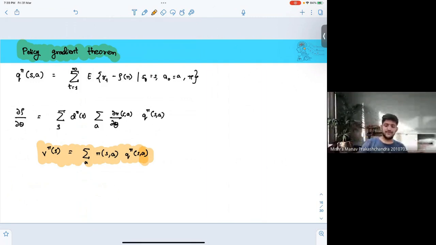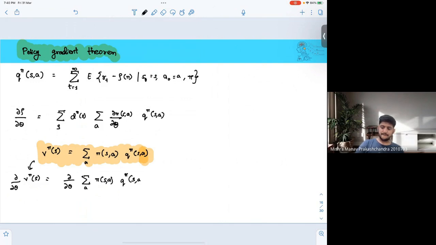So now from here, if I take the derivative of v pi s, I get d by d theta of the sum over all the actions of pi s comma a q pi of s comma a, right? Now you apply the chain rule.